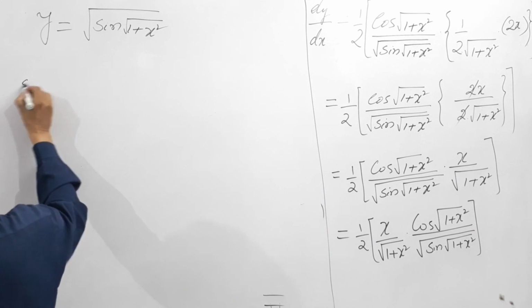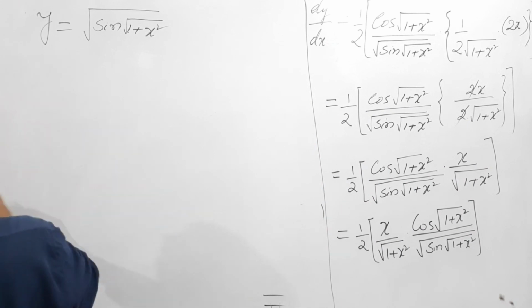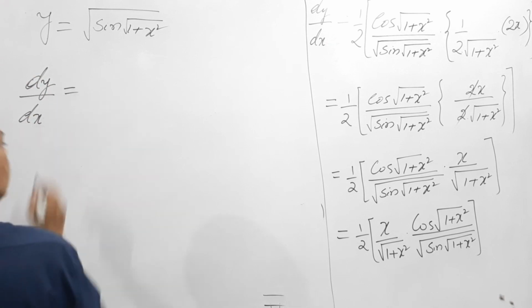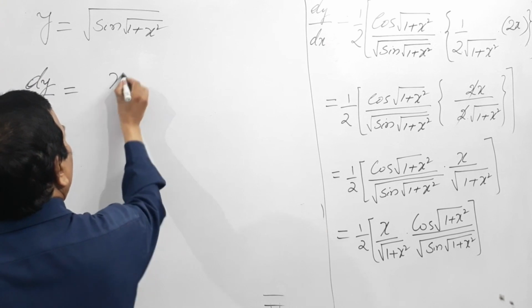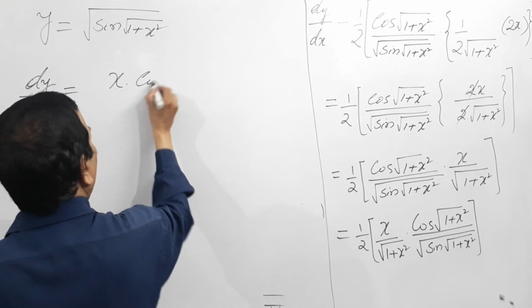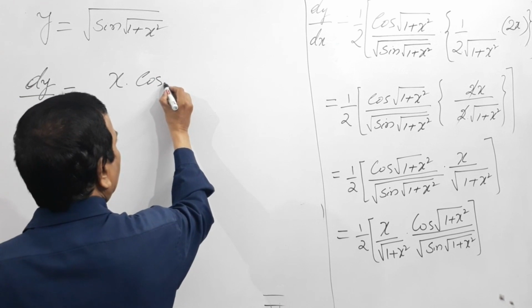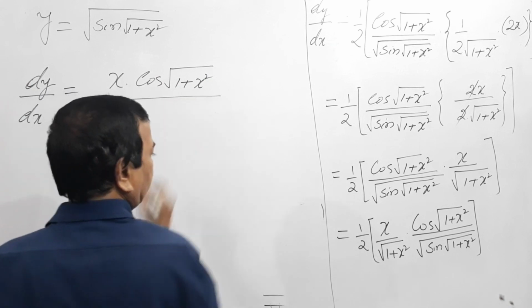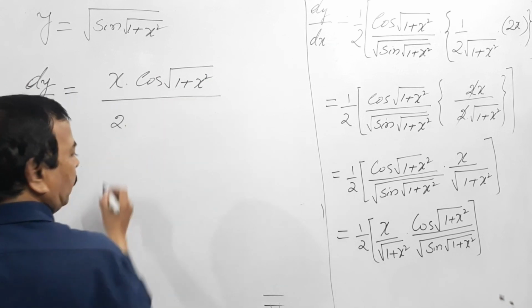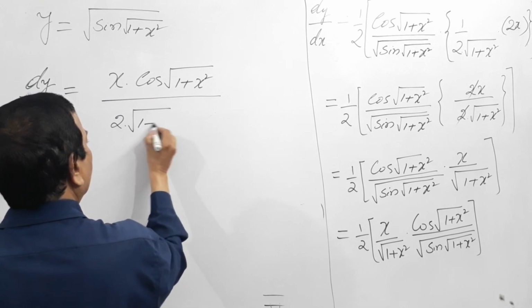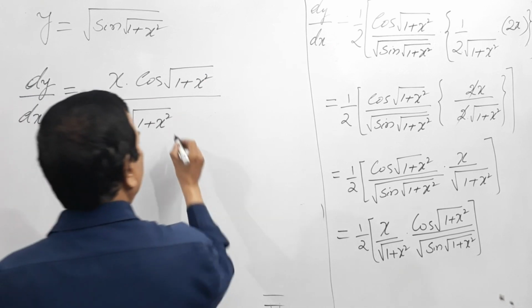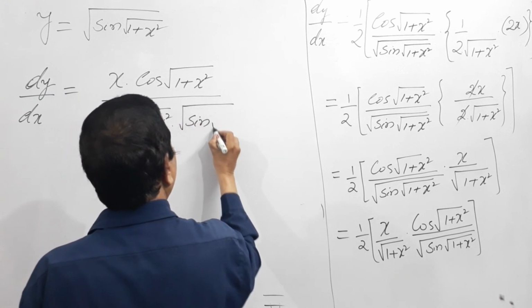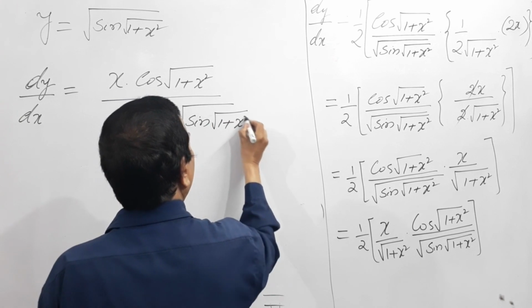On the left hand side we have dy by dx equals to, I will write this x into cos of 1 plus x square divided by 2 into 1 plus x square into under the root 1 plus x square.